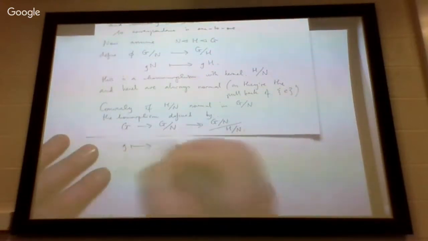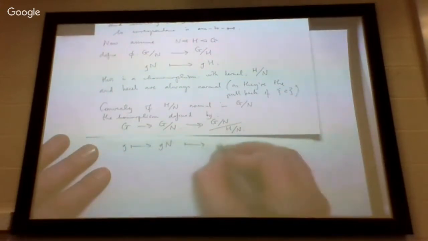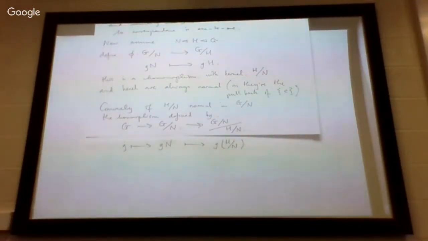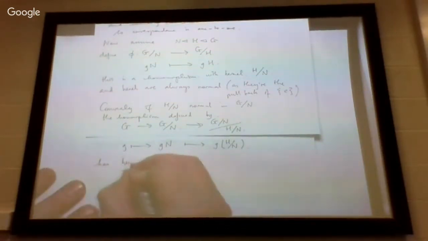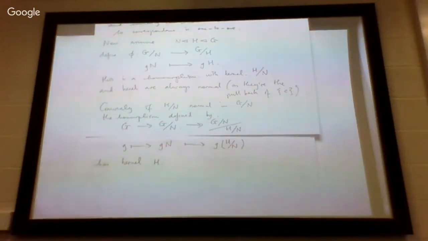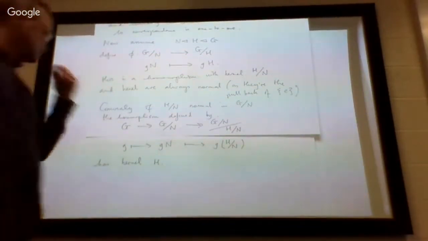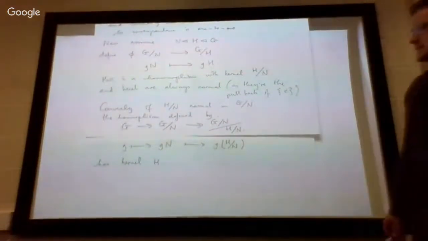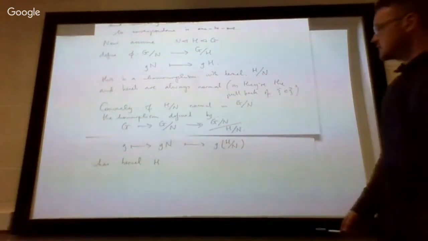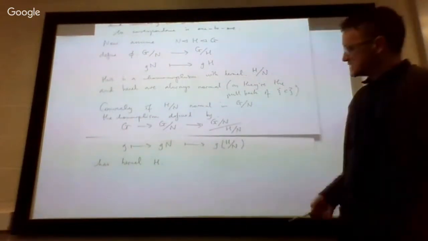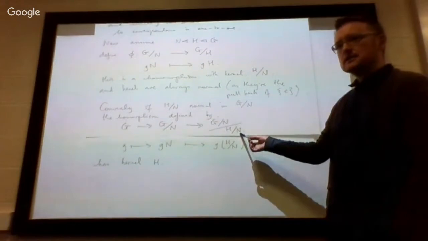Little g will get sent to g times n, and this will get sent to little g times that, with kernel H. The overall homomorphism, the one starting from the left, going to here: which cosets here end up being the identity element? Well, the identity element is H mod n.